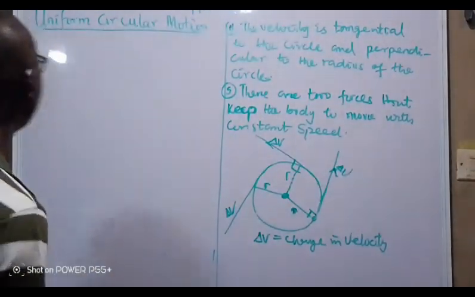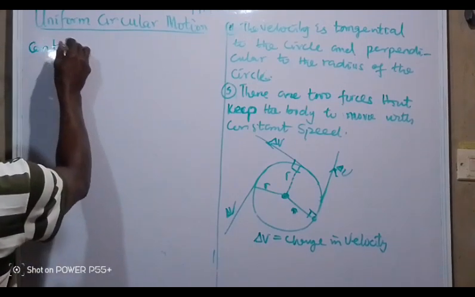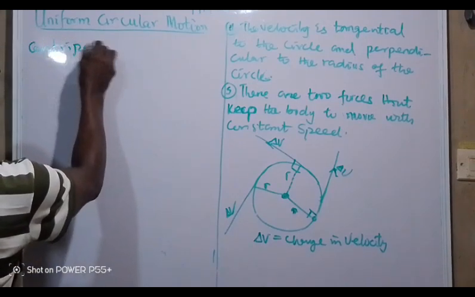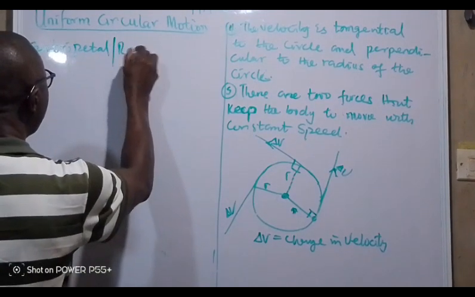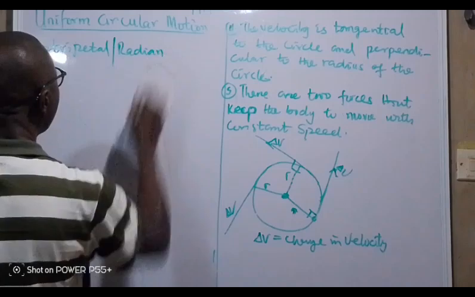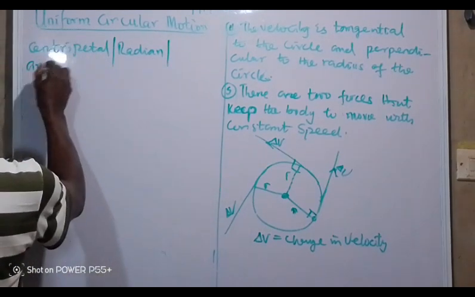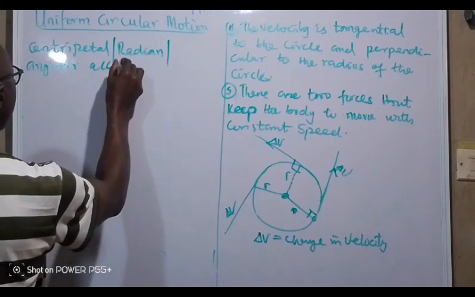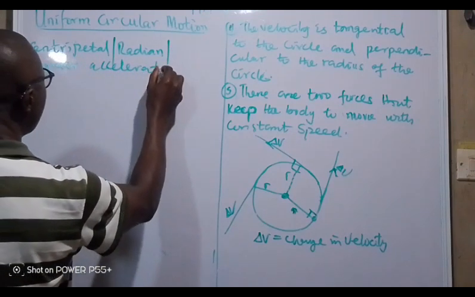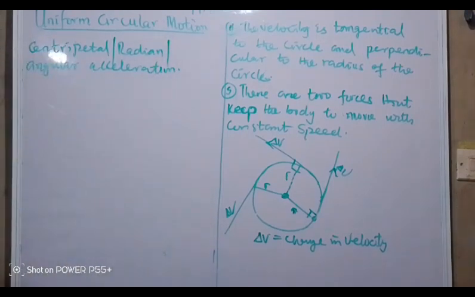But the first thing we are going to look at now is centripetal acceleration, or you can call it radial or angular acceleration.